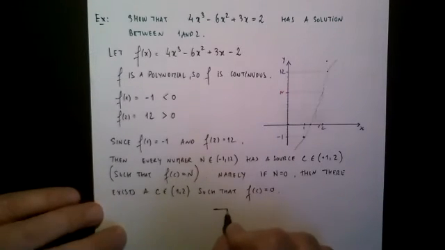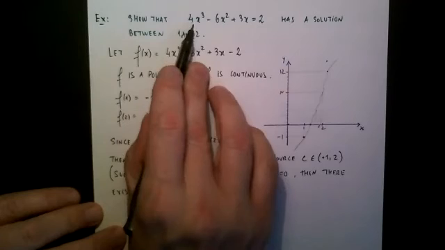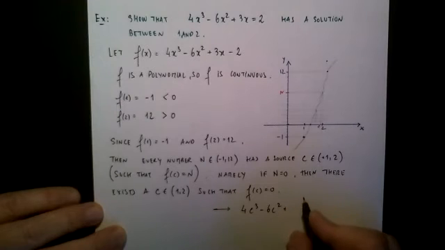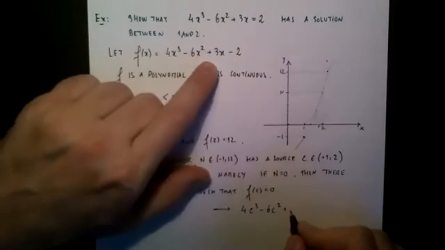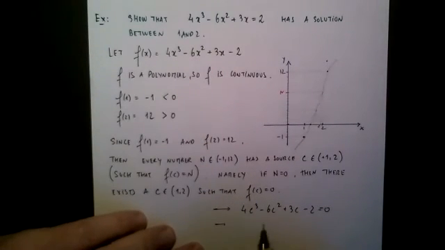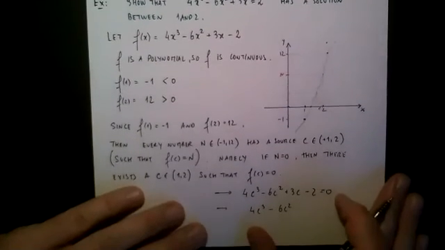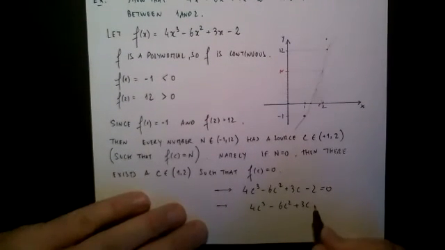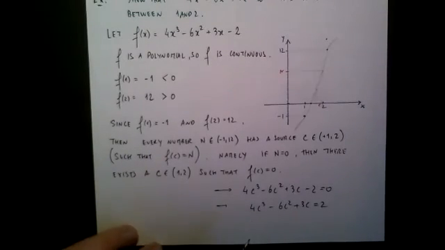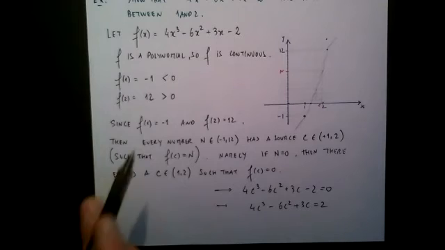Yes. Okay, f of c equals 0 means that this function, 4c^3 minus 6c^2 plus 3c minus 2, equals 0. Therefore, there is a solution: 4c^3 minus 6c^2 plus 3c equals 2. There you go. So there is a solution. Yes, there exists a c that works, and that answers my question.